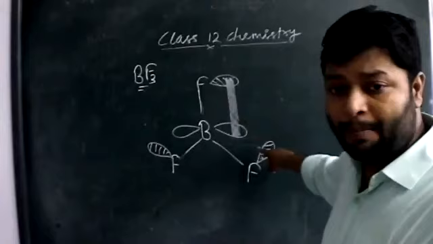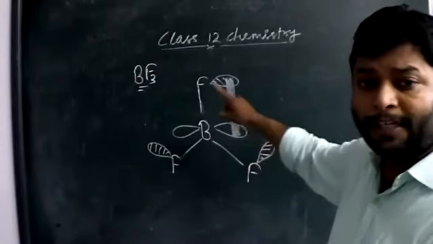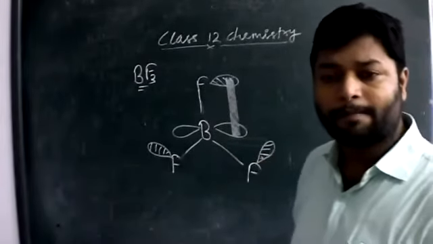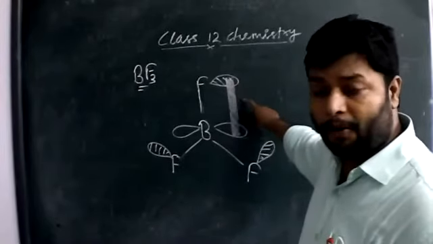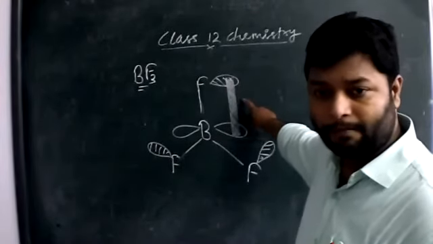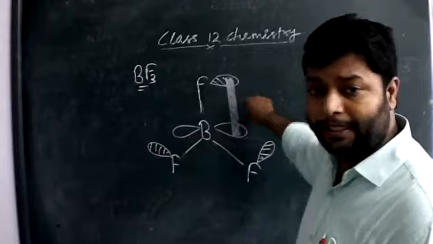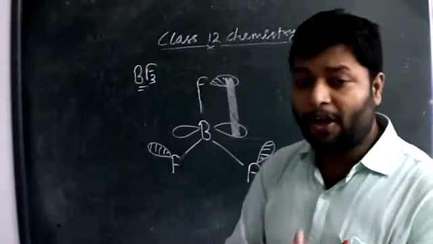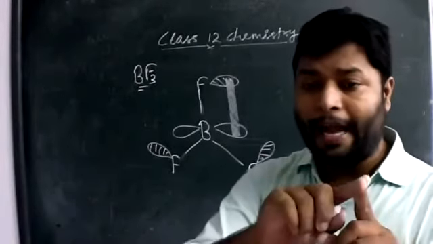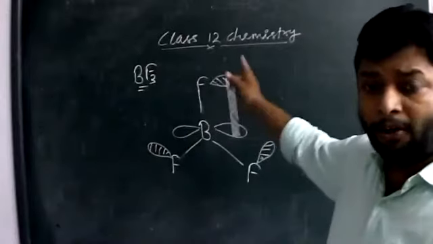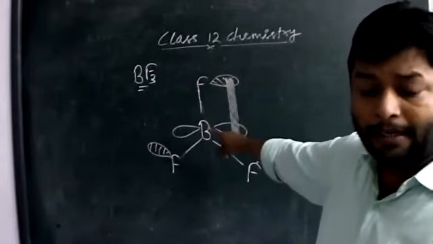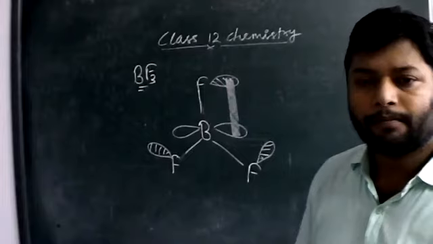And this tendency can be multiplied because of the three halogen atoms present along with boron. This type of bonding is called back bonding. This tendency is present because fluorine and boron have a comparable size, with a lone pair and a vacant orbital.